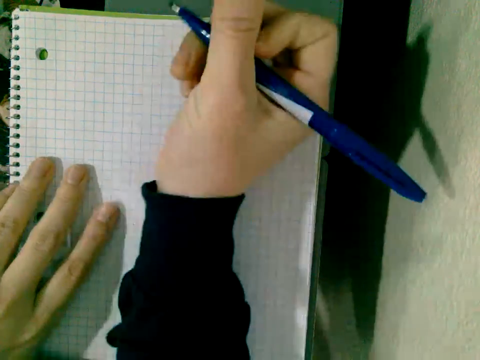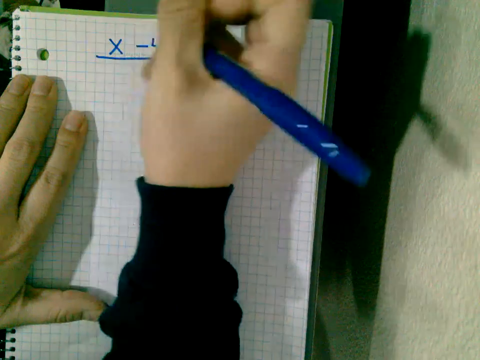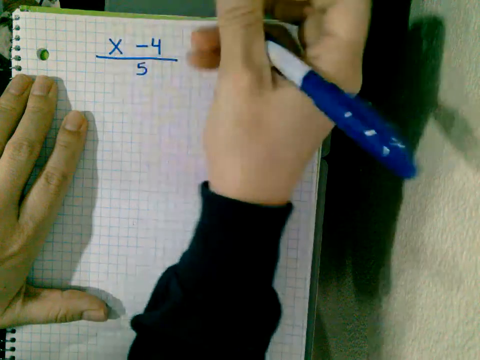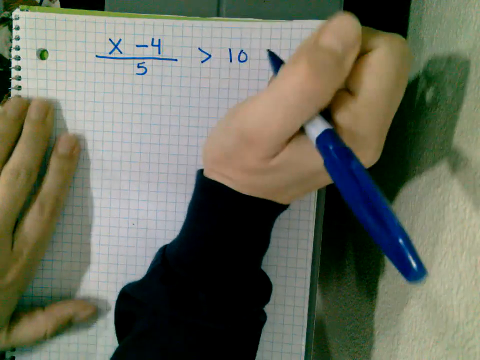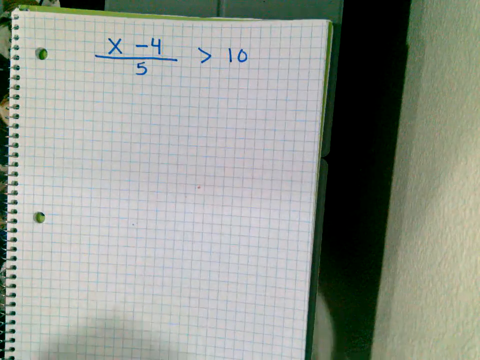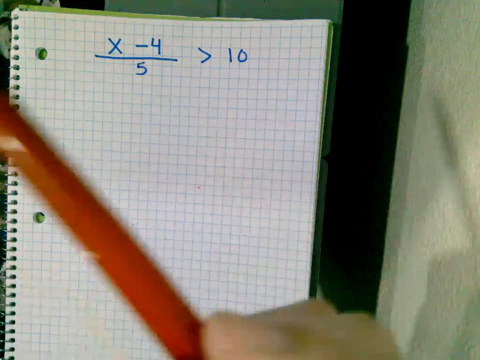Hopefully not. Okay, 2 more things I want to review with you. If I have a problem like this, x minus 4 over 5 is greater than, let's say, 10. Now, this is a little bit different. I'm not sure if I showed you this in November. I think I did.